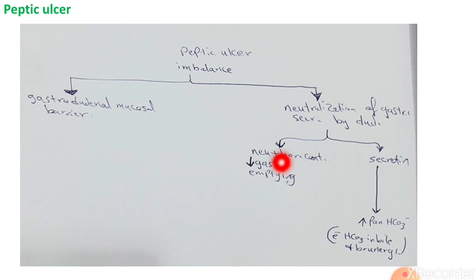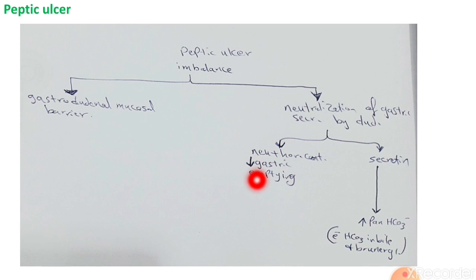We call it the enterogastric reflex, and by this reflex, when the food reaches the duodenum, it causes signals, either neural or hormonal, to be sent back to the stomach in order to inhibit gastric emptying. This is under neural and hormonal control.